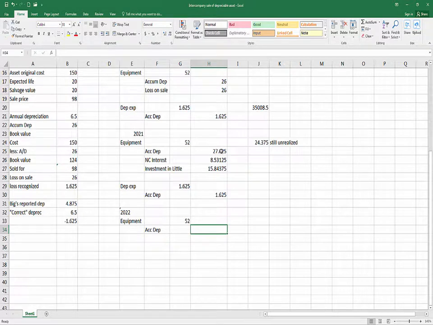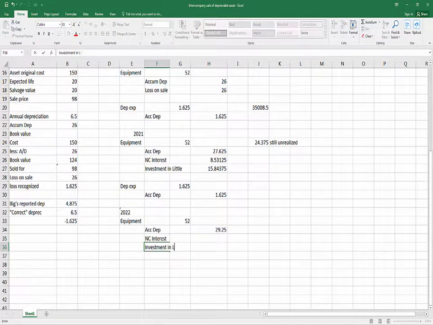Last year, we credited accumulated depreciation for $27.625, then credited it again for $1.625, so we're carrying forward 29, whatever that is, 29 and a quarter, I think. The difference is the remaining unrecognized or unrealized loss, which we're again going to split 35-65 between the non-controlling interest and the parent's investment in Little.